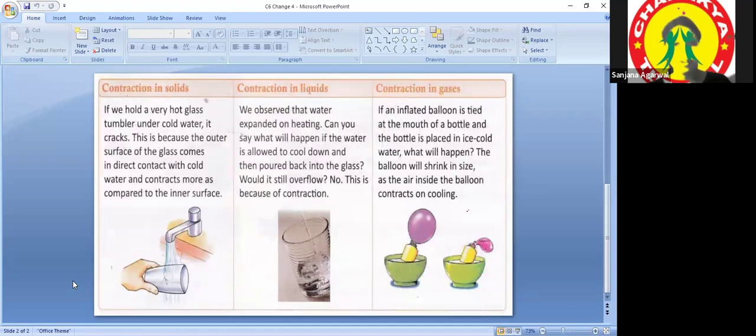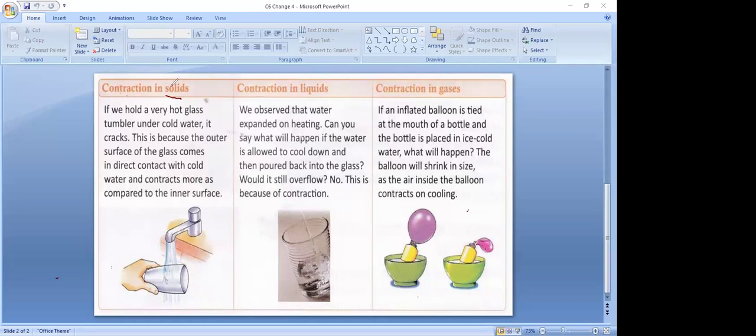Here comes contraction in solids. Contraction means adaptation, written. Contraction means it's suppressing, ma'am.